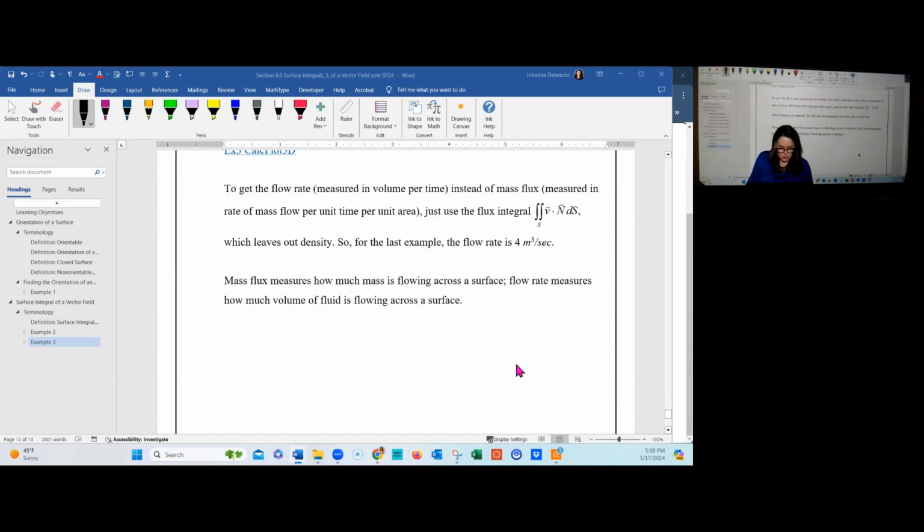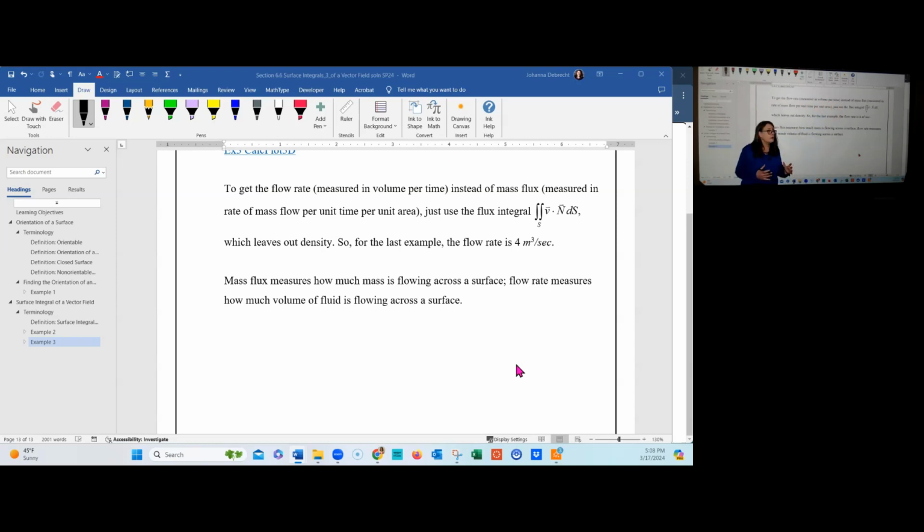Now, what if I wanted the flow rate instead of the mass flux? Mass flux is measured in kilograms per unit time per unit area, so per second per meter squared. However, what if I just want the flow rate, which is the volume per unit of time?